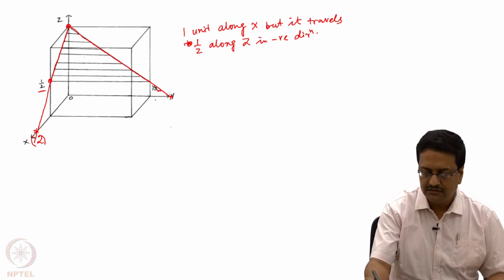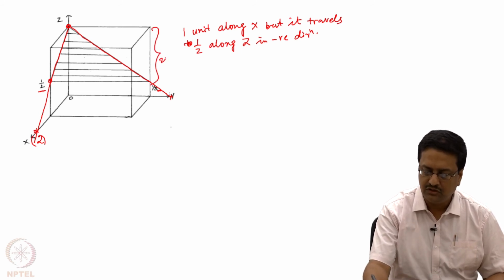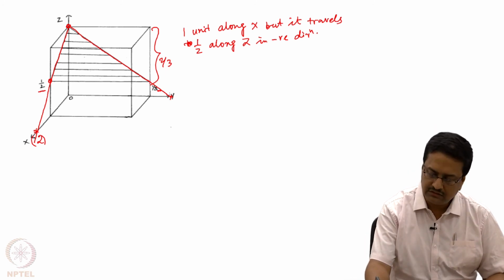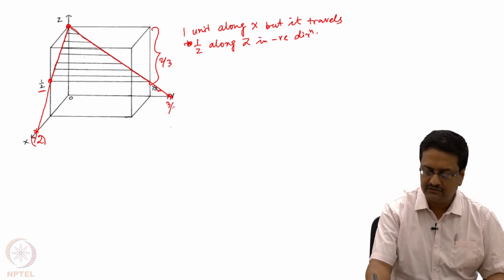Similarly, this line has travelled 1 unit along y while it has come down by 2/3 along z. So to get down by another 1/3, it would go and touch here at 3/2.